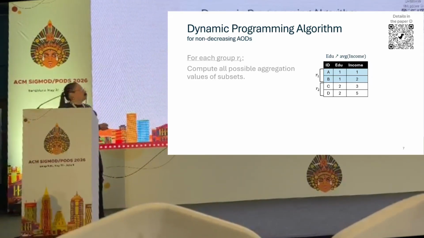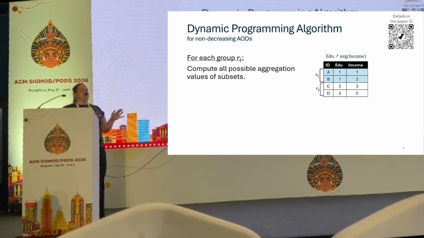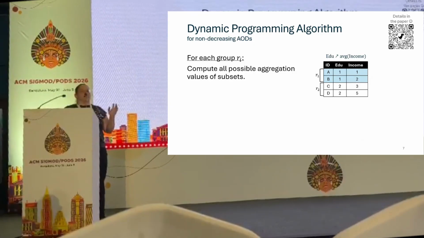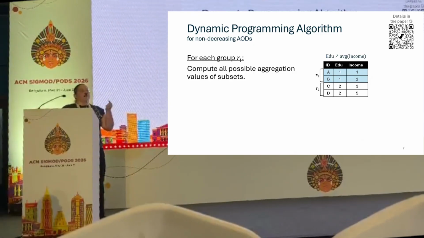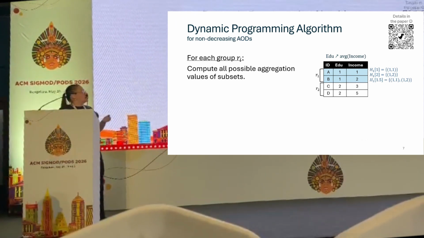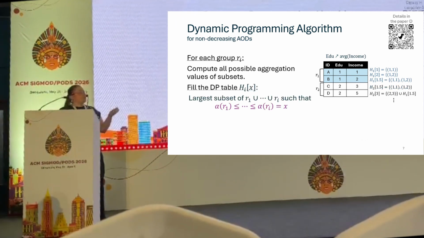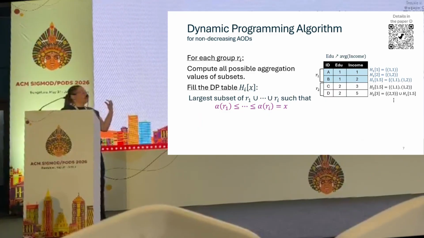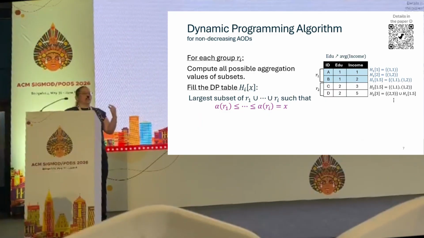So the first thing we do is to compute all possible aggregation values that we can get from each group by using a subset of it. And then we populate a dynamic programming table where H_i of x, where we consider only the prefix of the first i groups.